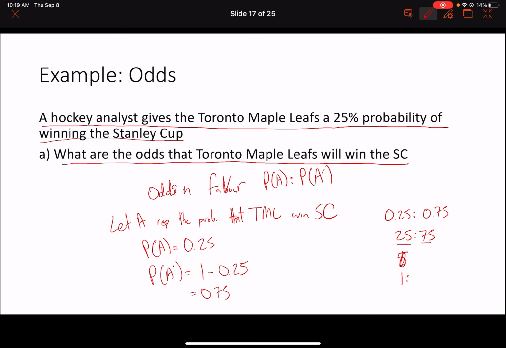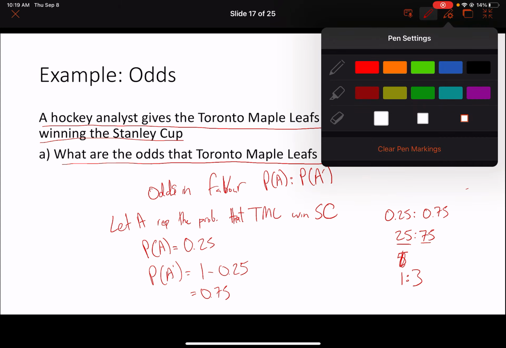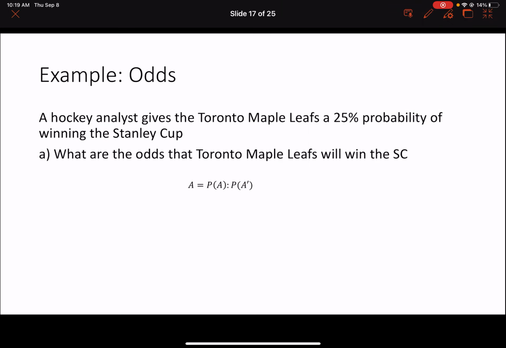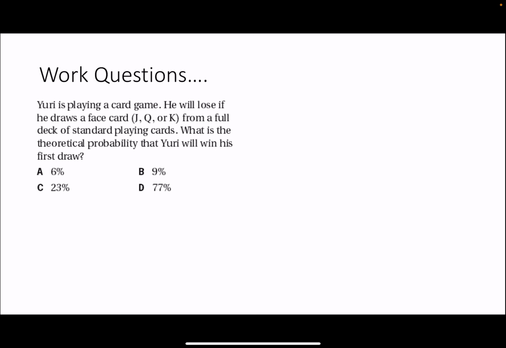So that's 1 to 3. So the odds in favor is 1 to 3. Formally, the probability of A is 0.25, the probability of A not happening is 0.75, and we already solved the rest.